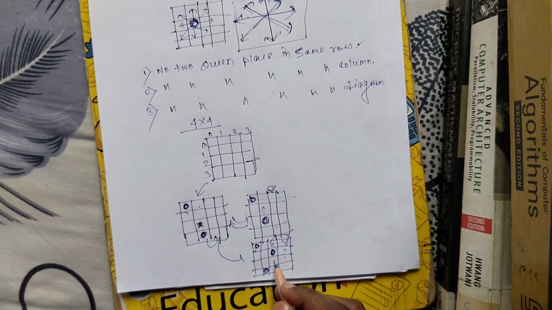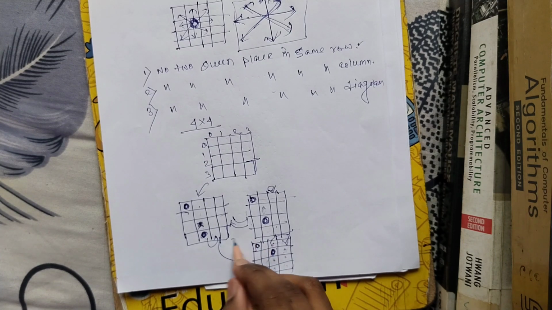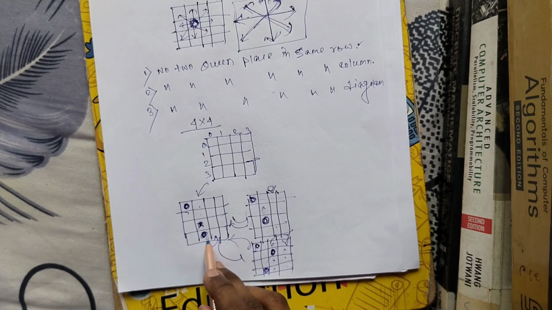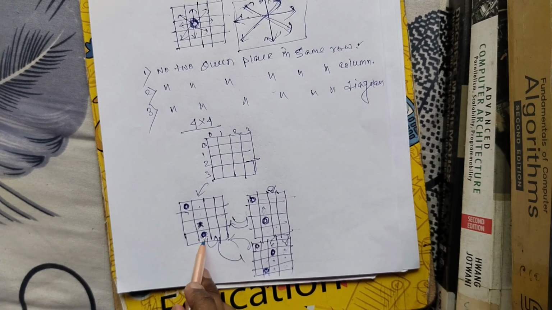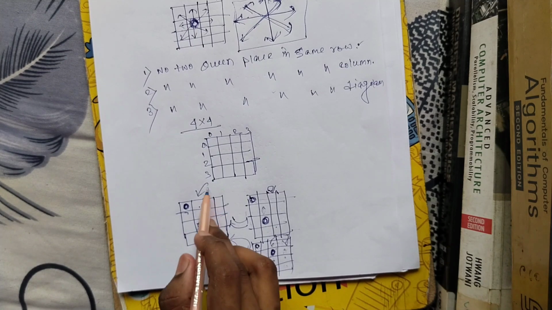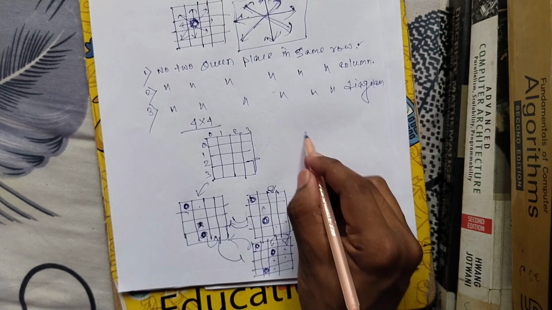Okay, in the next column I place here, no, next, no. So I backtrack here and see here, no. So what do I do? I backtrack to the previous queen.